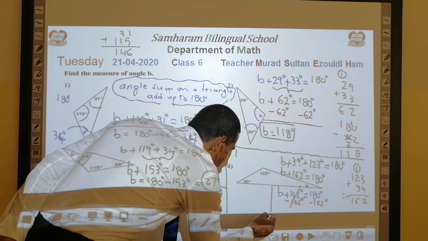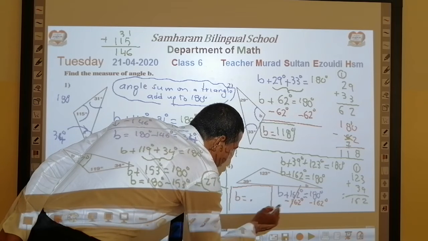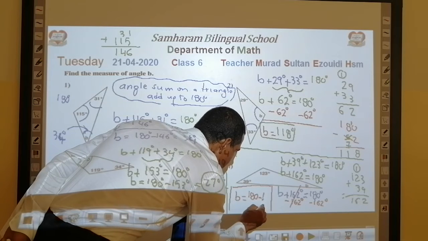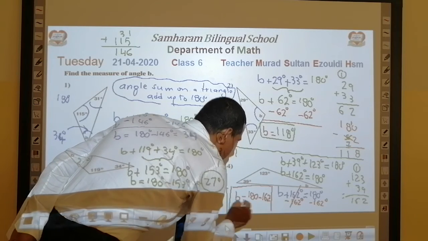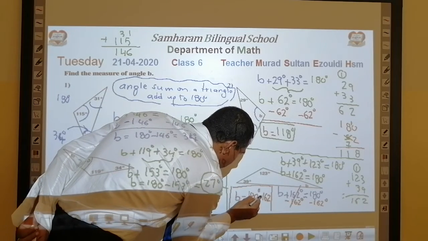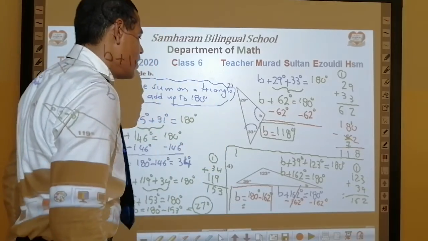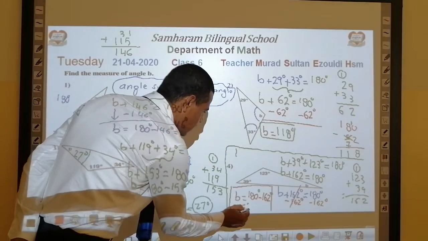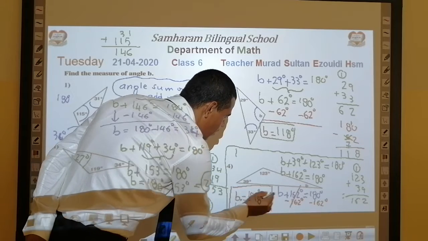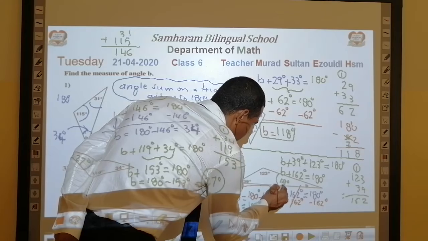So B equals what? B equals 180 minus 162. Of course, degrees. Okay. So this one B equals what? Equals 18 degrees. Okay, so B equals 18 degrees.